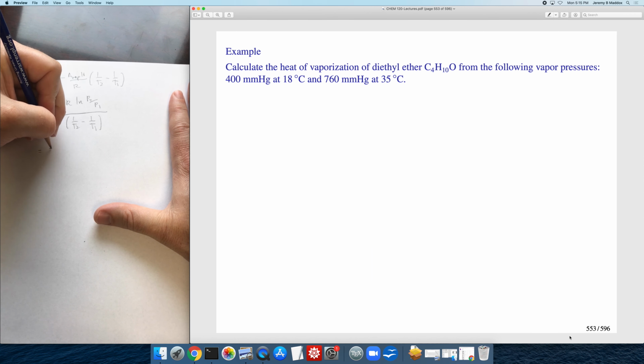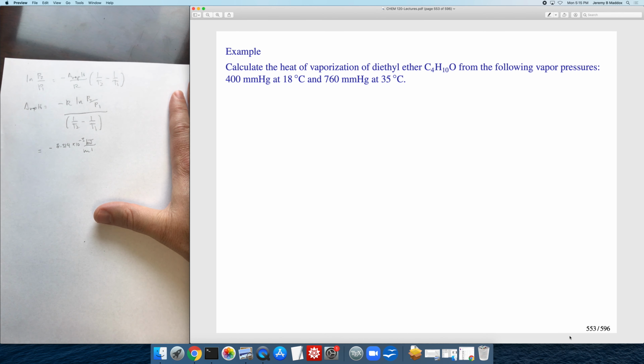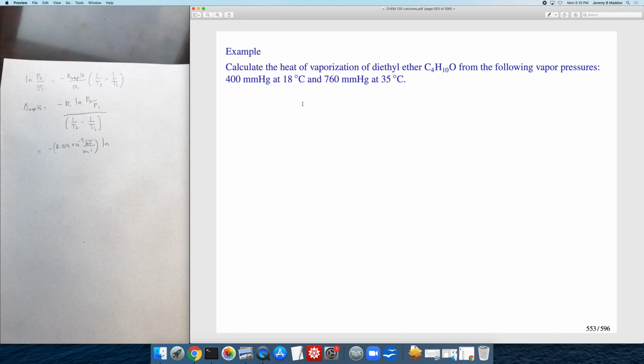So I'm going to do minus 8.314 times 10 to the minus 3 kilojoules per mole, and take that times the natural log. We're going to call 400 P1, and 18 degrees Celsius is T1, and then the 760 will be P2, and 35 degrees Celsius will be T2.